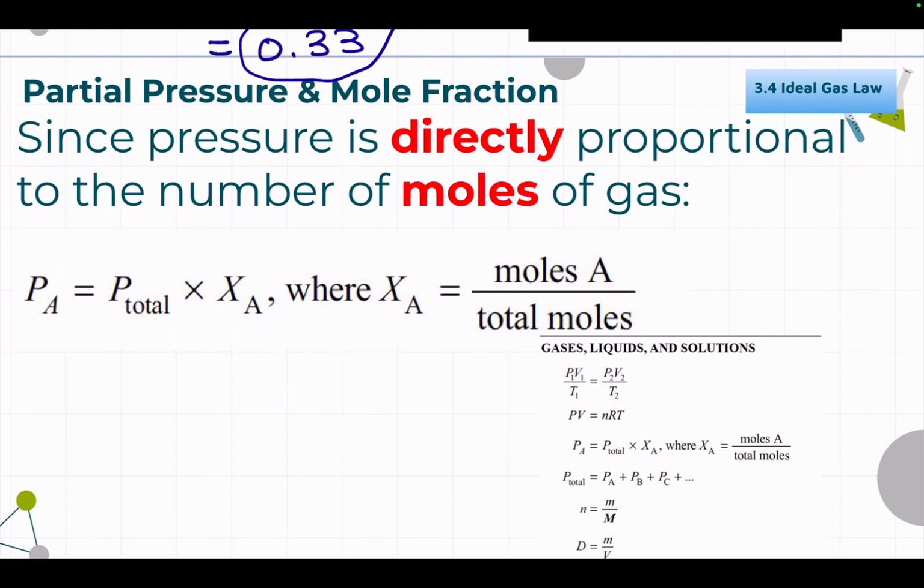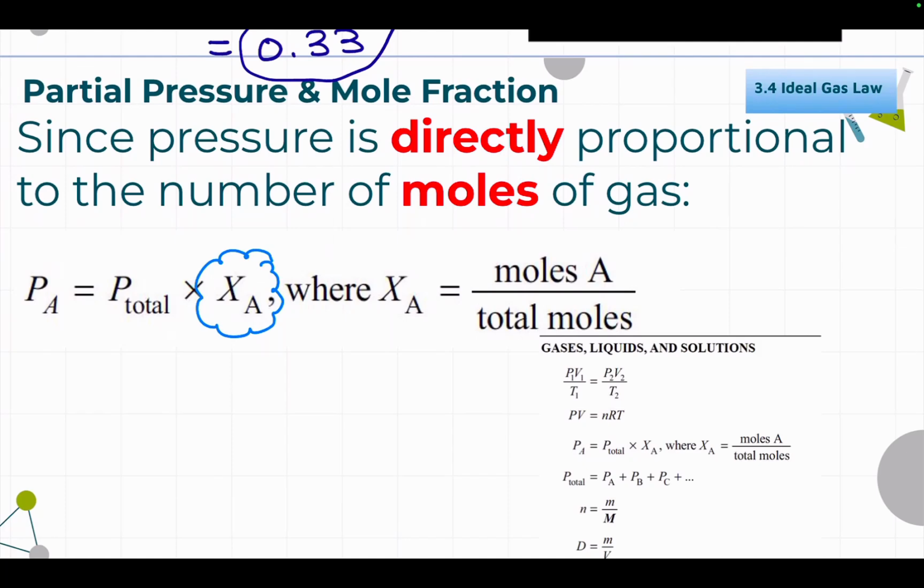Now for partial pressure. Since pressure is directly related to moles, which we talked about earlier in the video, we can say that the partial pressure is related to the total pressure by using the mole fraction. So we're going to use this equation now.